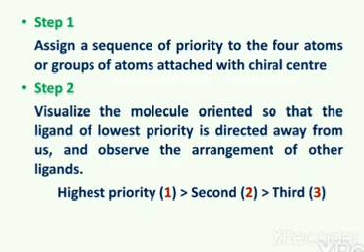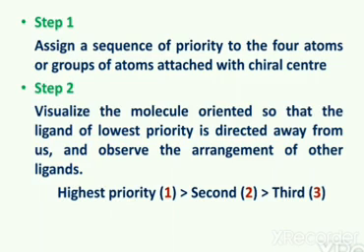Initially, we need to follow two steps. In the first step, we assign a sequence of priority to the four atoms or groups of atoms attached to the chiral center.